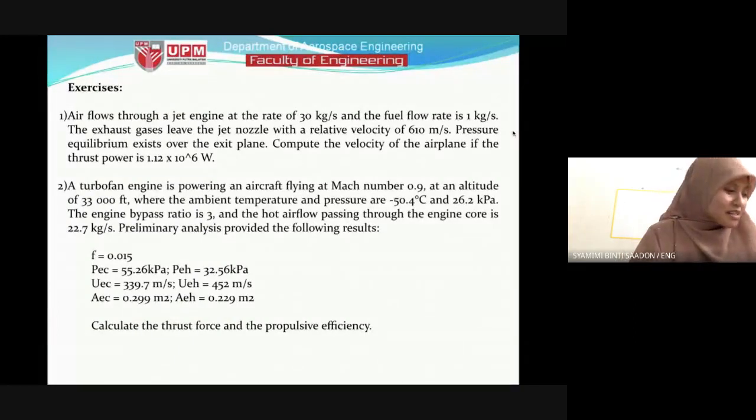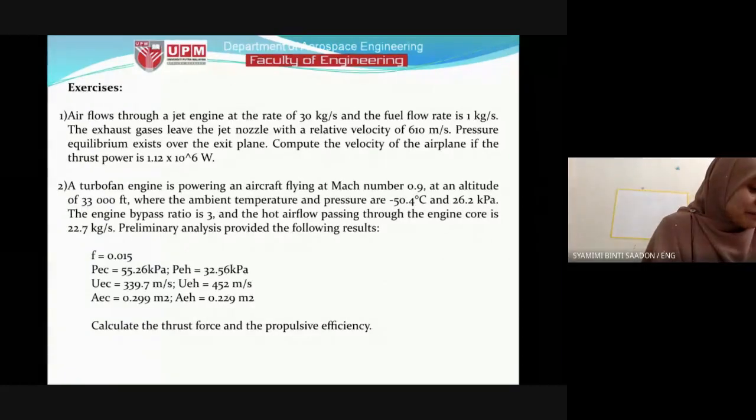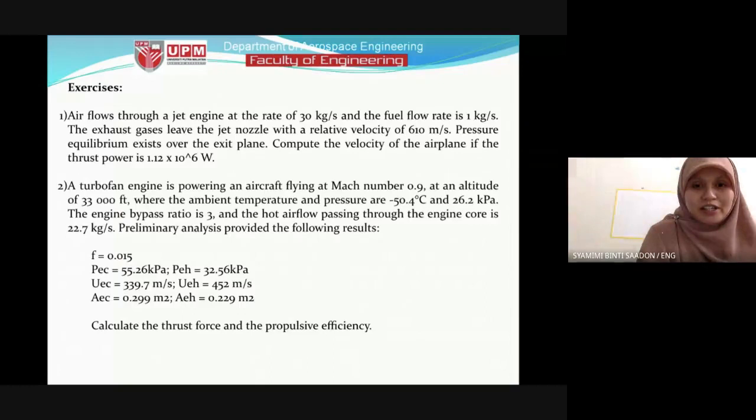Later on I will ask some of you the answers, or how you solve the problem. I've already given some explanation on how to do it. Use the thrust force equation and try to relate it with the power. How to convert from force to power, from Newton to watt?